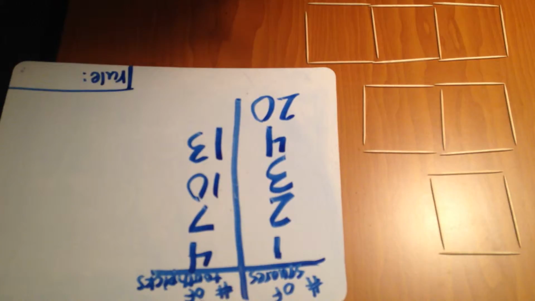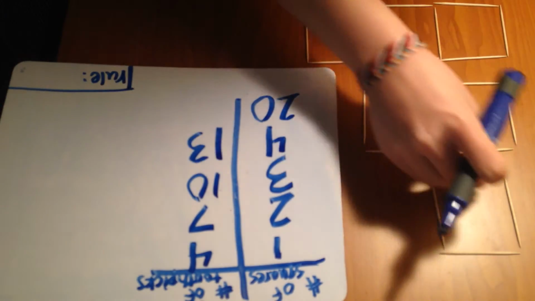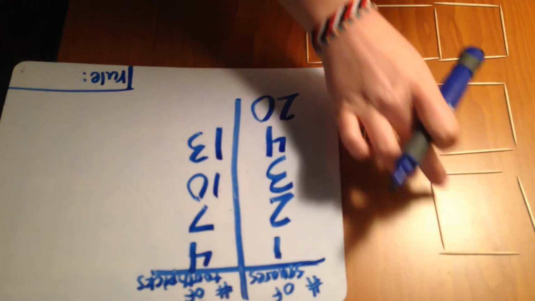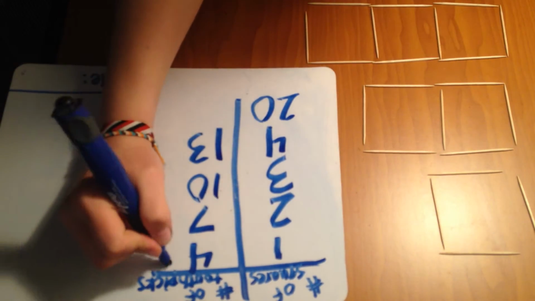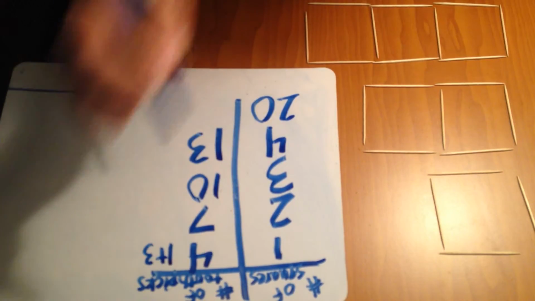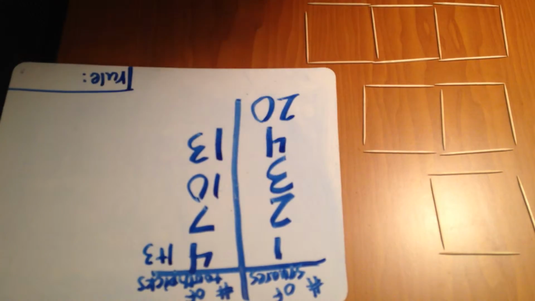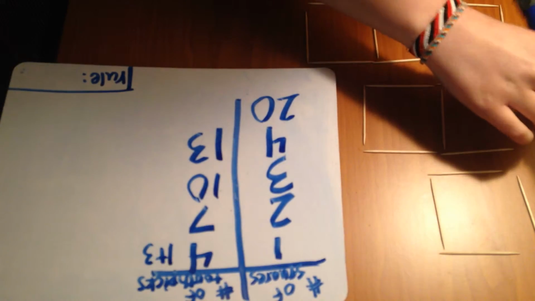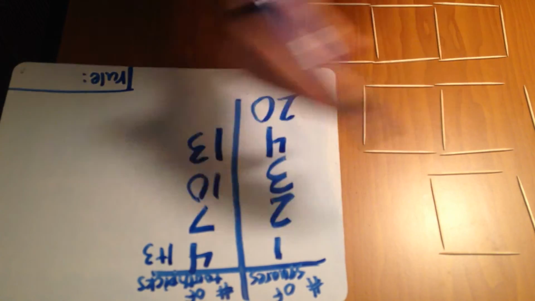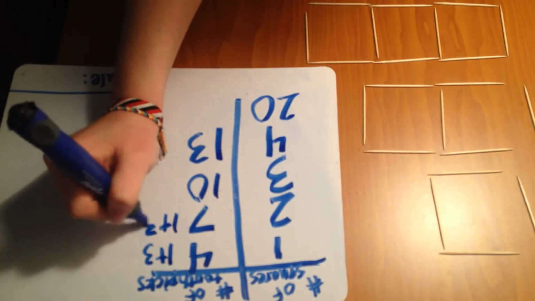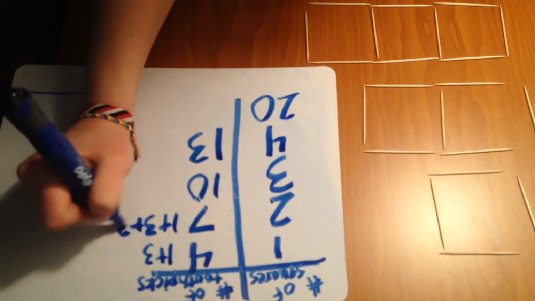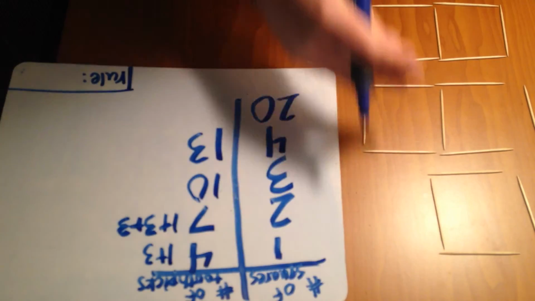And what I notice is that 1 plus 3 equals my 4. I chose this for a reason, because I also noticed that 1 plus 3 plus another 3 gives me 7. Kind of starting a pattern here, right?